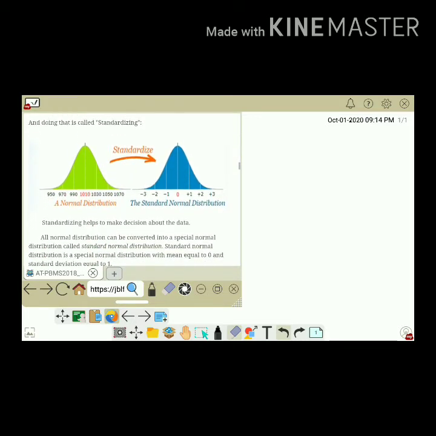Okay, so for your normal curve example here, your mean is 1010, and then you have the values to the left of the mean, that is your 990, 970, and 950.